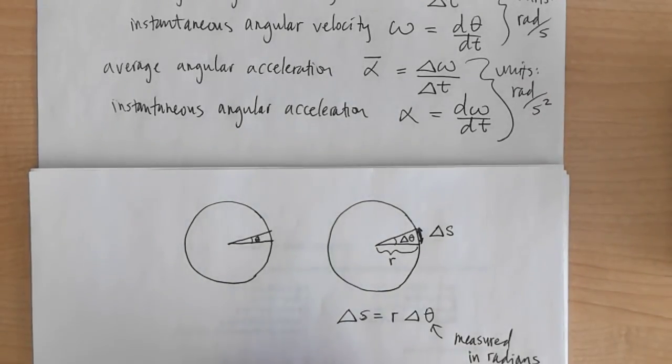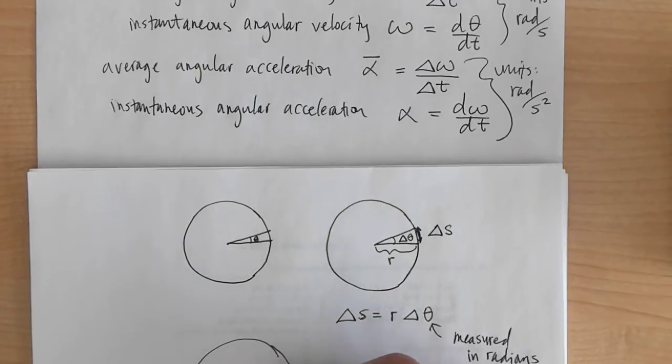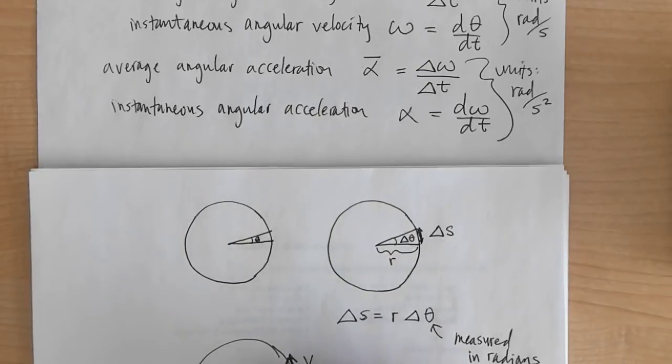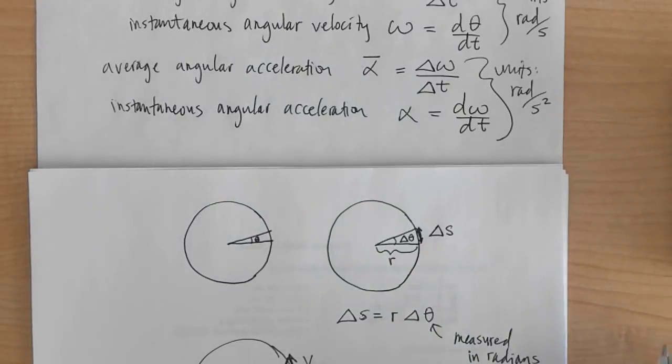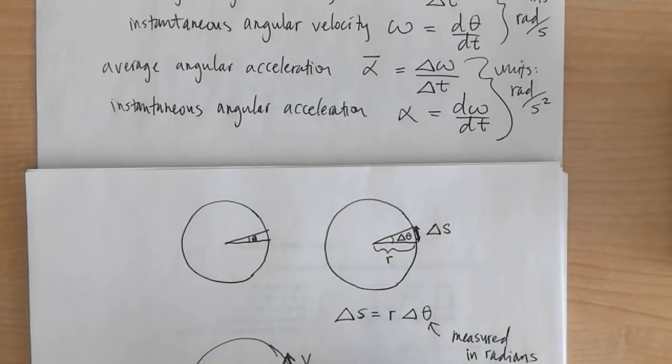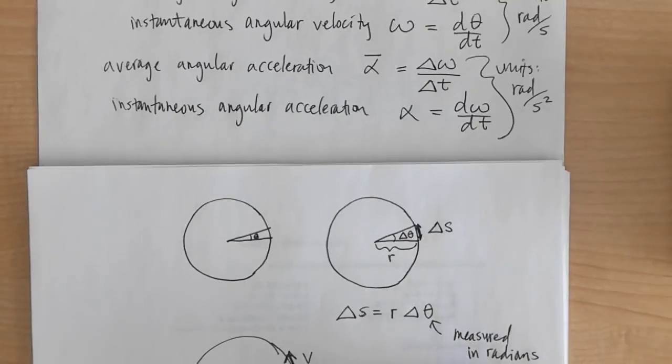Okay? And then by making this connection, we can figure out that if we have a particle going around a circle with speed v, let's say uniform circular motion, radius r, then the linear speed v is equal to r times omega. So this is the linear speed, r is the radius, omega is the angular velocity.